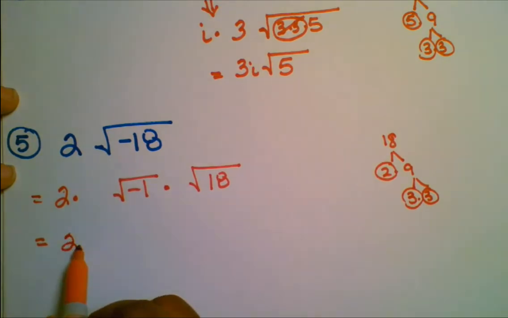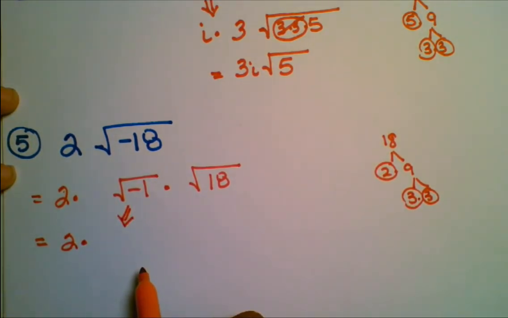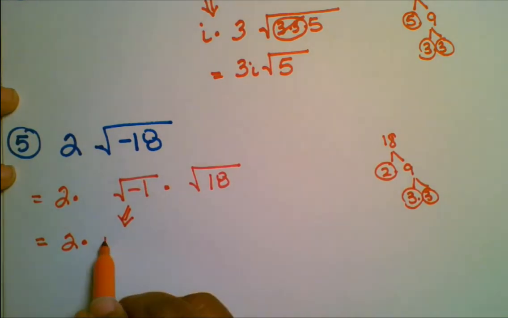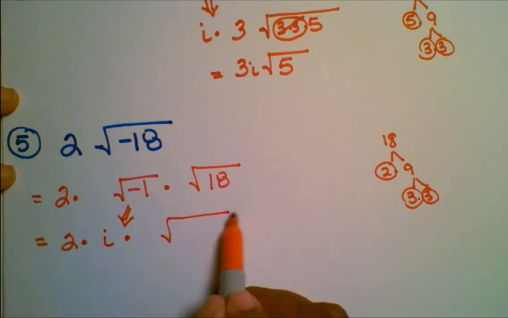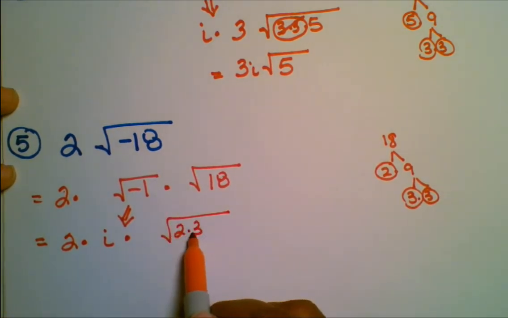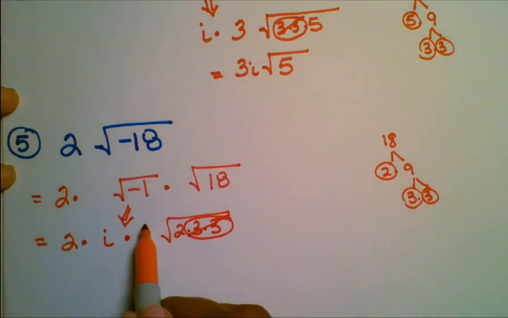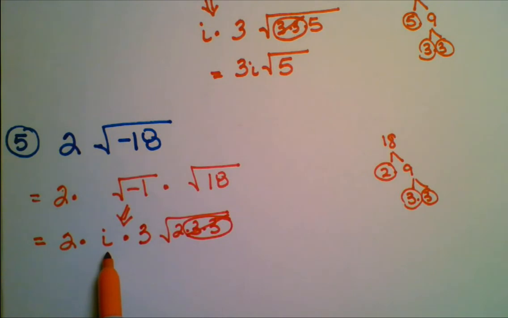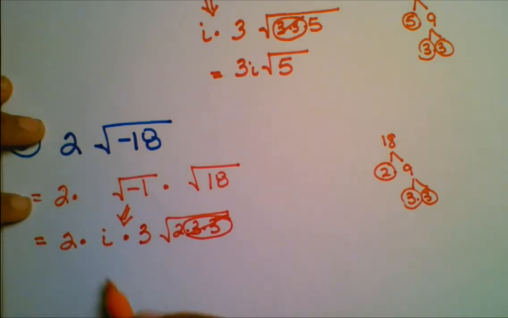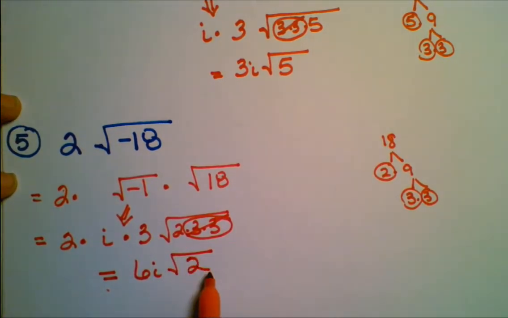So let's bring the 2 down. Tell me the square root of negative 1, what is that again? i. And then let's write the prime factors for 18: 2 times 3 times 3. We have a pair of 3's. Bring it on the outside and take the 3 and multiply it to the i and to the 2. And our solution is 6i square root of 2.